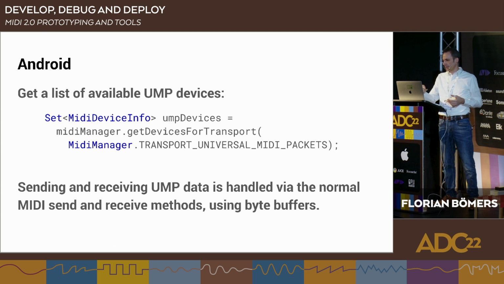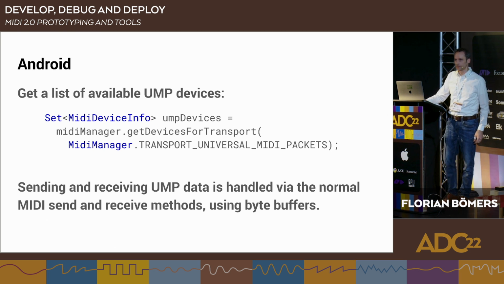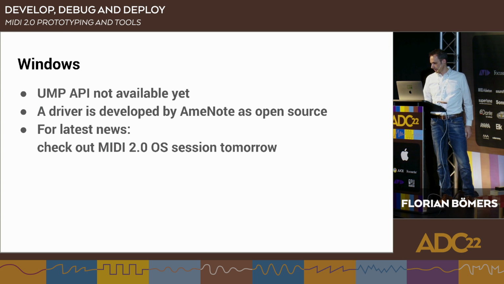How you do it is you open a device in UMP mode, and if that succeeds, then you're working on UMP, and if that doesn't work, if it's not a UMP device, you will have to open it in MIDI 1.0 mode. And all other MIDI functionality in Android is the same as with MIDI 1.0 because it's using byte buffers. So you have to know if it's UMP coming in or a MIDI byte stream.